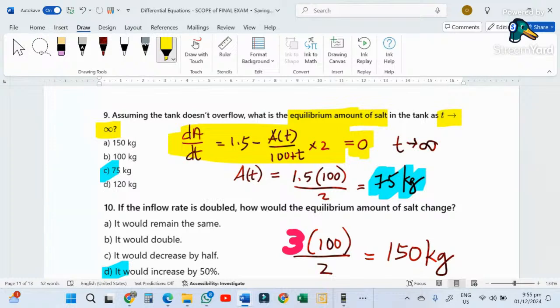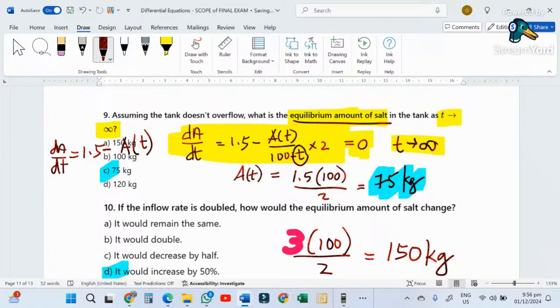As t approaches infinity, t becomes negligible, and you will only have 1.5 minus, over 100 only. Let me just put it here. So dA over dt is equal to 1.5, and then A of t is still unknown, because that's the equilibrium amount. That's the one that we are looking for.